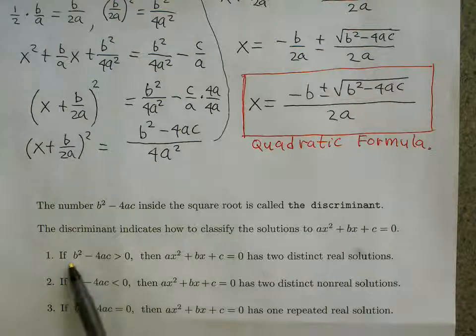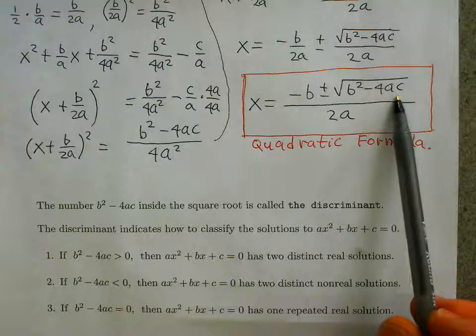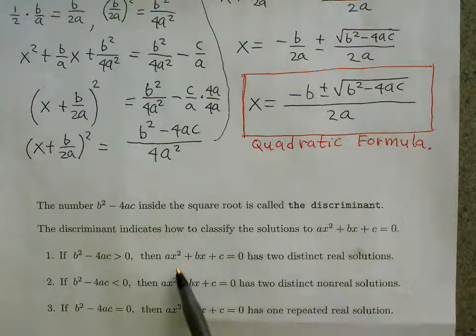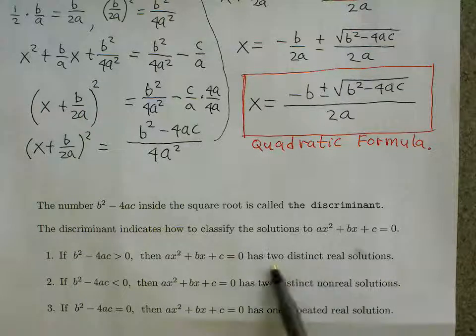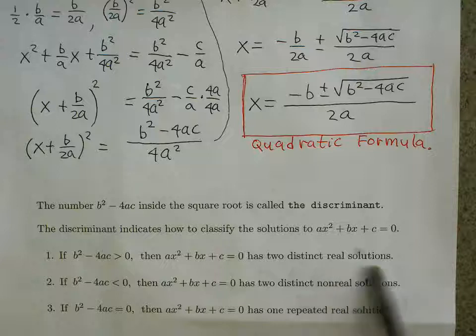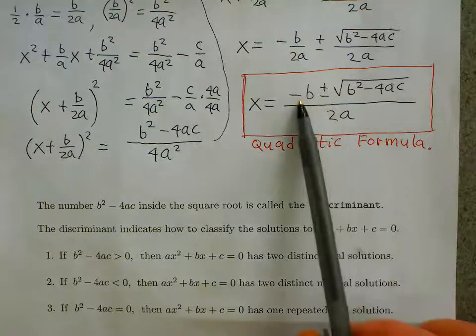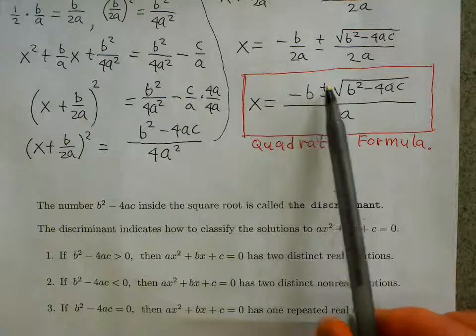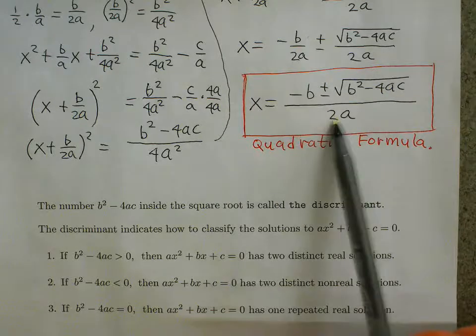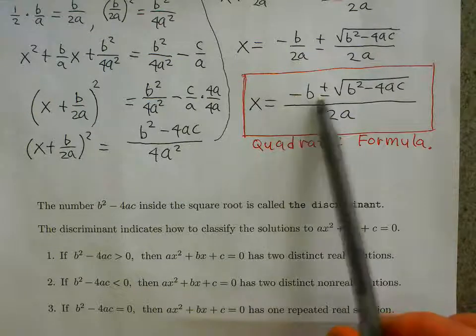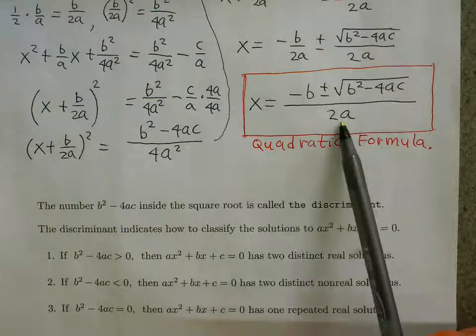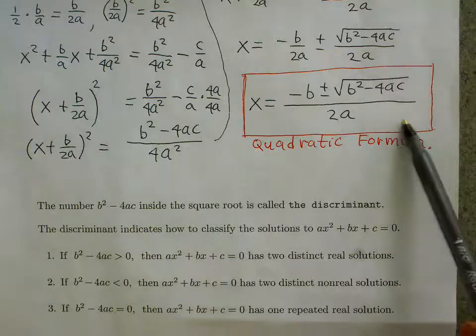So if b to the second minus 4ac is greater than 0, the equation ax squared plus bx plus c equals 0 has two different or two distinct real solutions. Because in one case, negative b plus a real number divided by 2a is one solution. The other solution is negative b minus that real number divided by 2a for the second real valued solution.